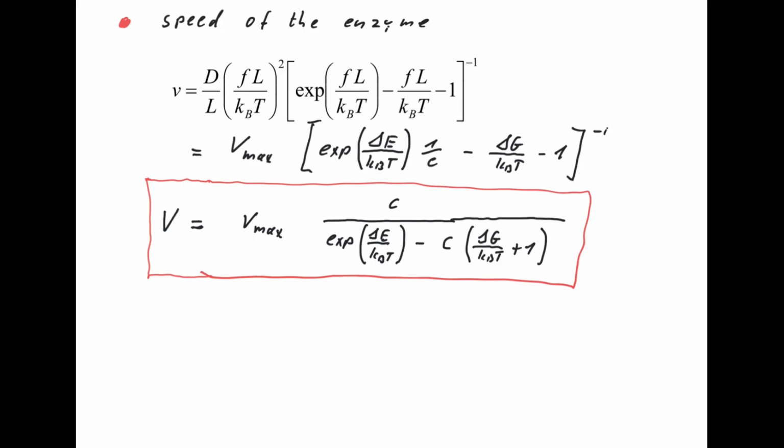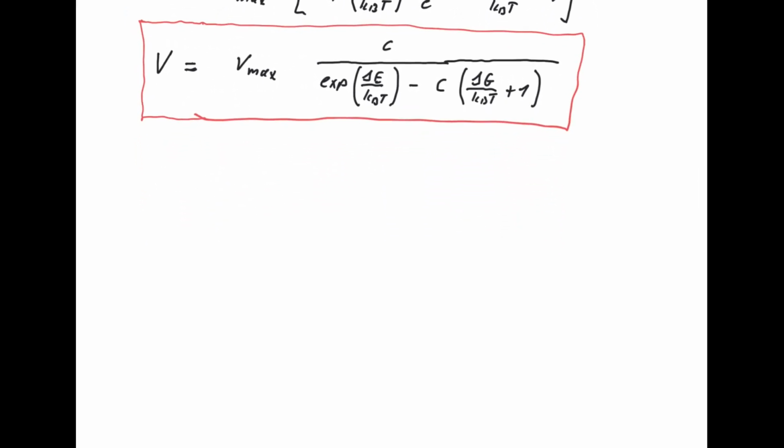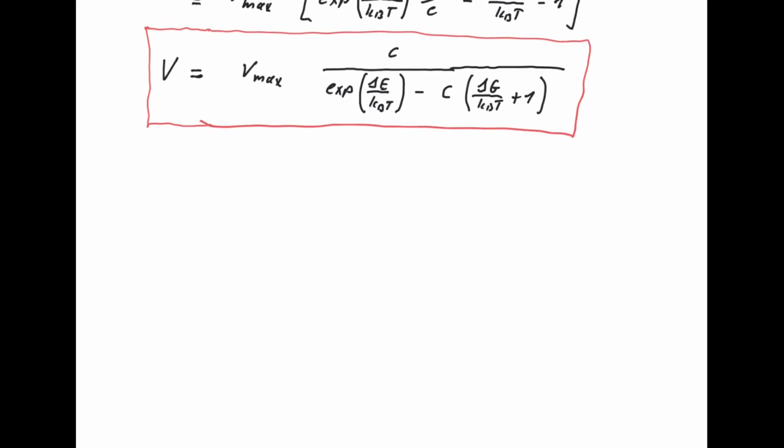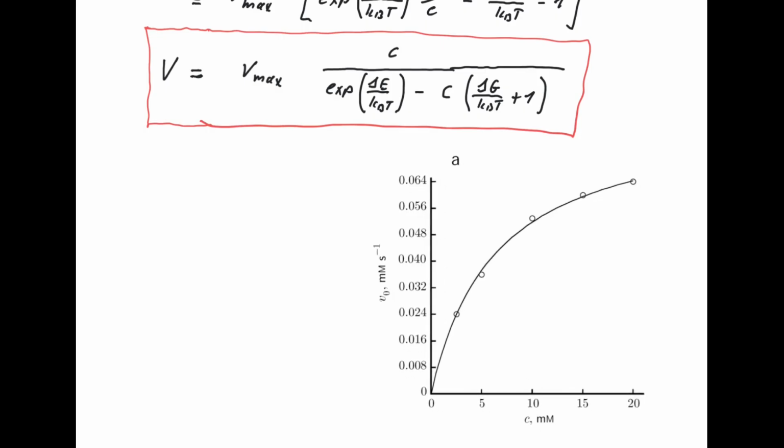Now, this form of the curve exactly follows the experimental data. Here I show the velocity of the enzyme as a function of the concentration of ATP. At very low concentrations the motor is very slow. At high concentrations the motor is fast.